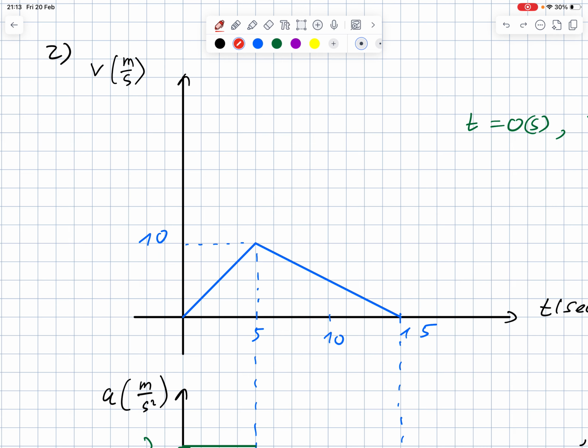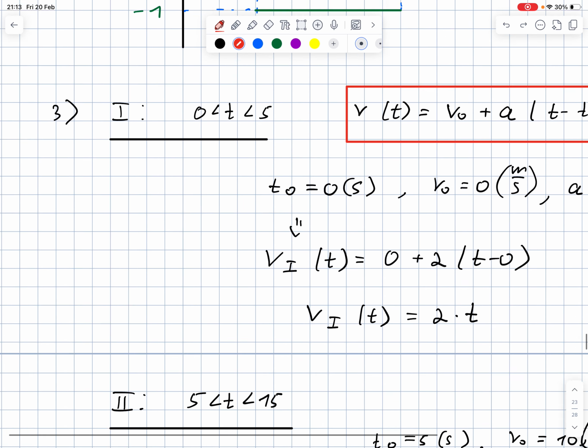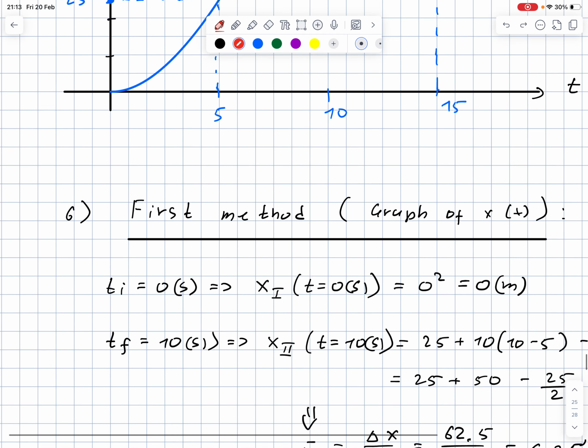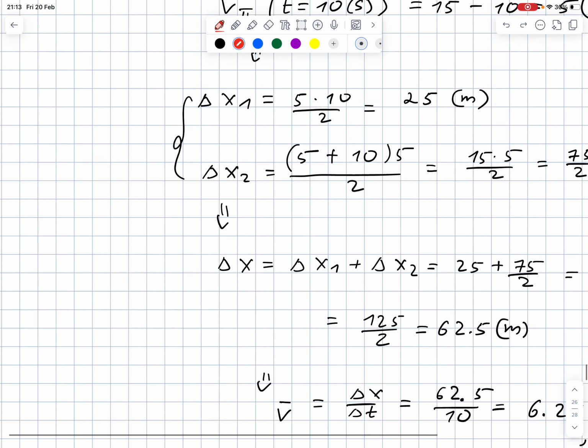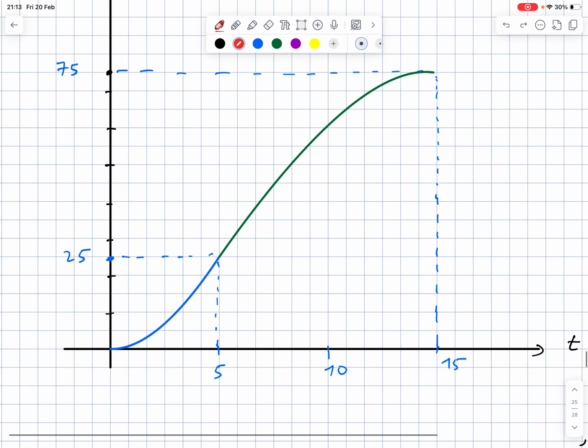I mean, the velocity is continuous. Okay, I will give you another example. If I try to draw this, let's assume that I would draw something like this.